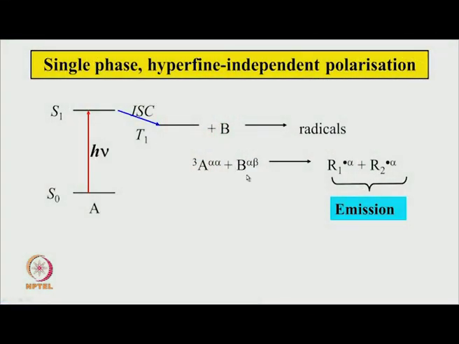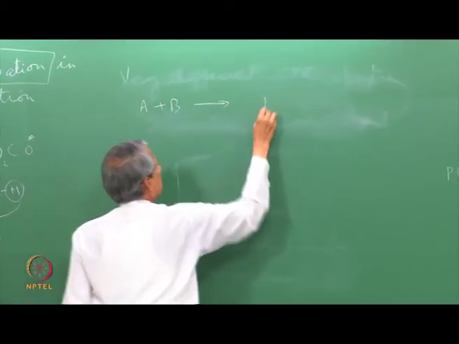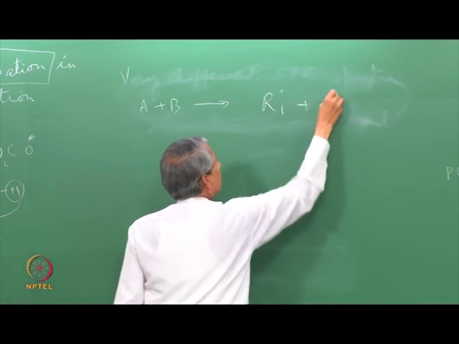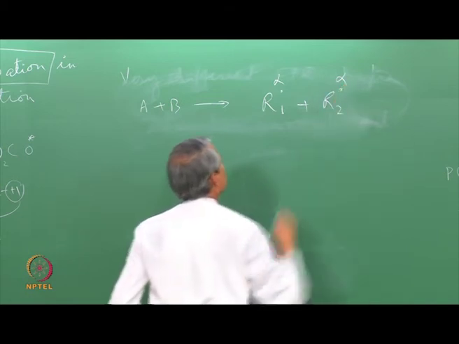So, if we go back now from this radical one step backward, molecule A, let us say, absorbs light, goes to excited state S1. This is the scheme we are starting with from the observation. Our observation is that this has alpha spin state, this also has alpha spin state.